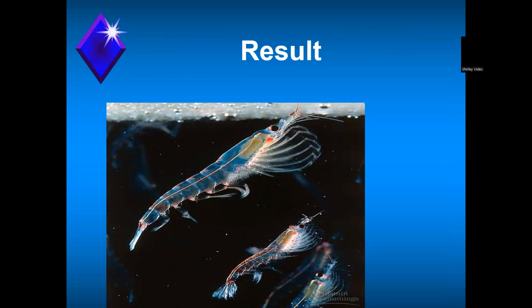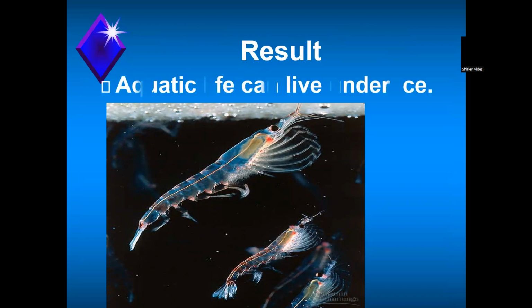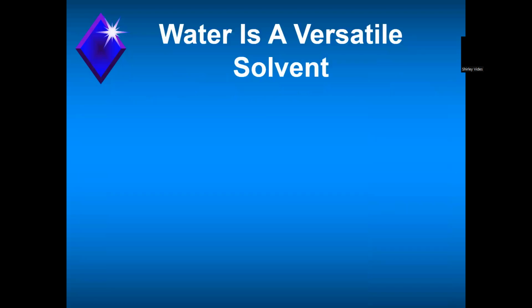And that would mean the death of all aquatic life. And there is not a death, even way up in the North Pole and the South Pole, we still have critters in the water. And this is why. It actually helps them because it insulates them.